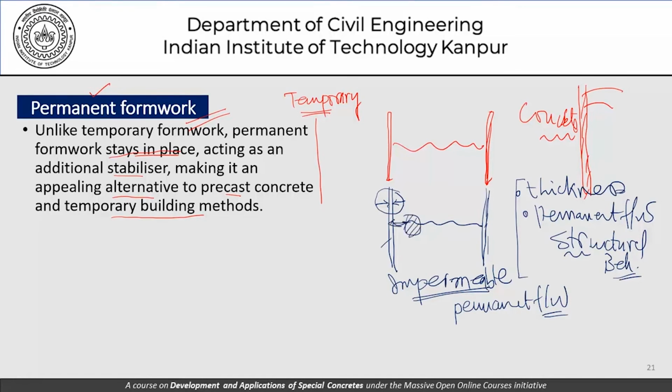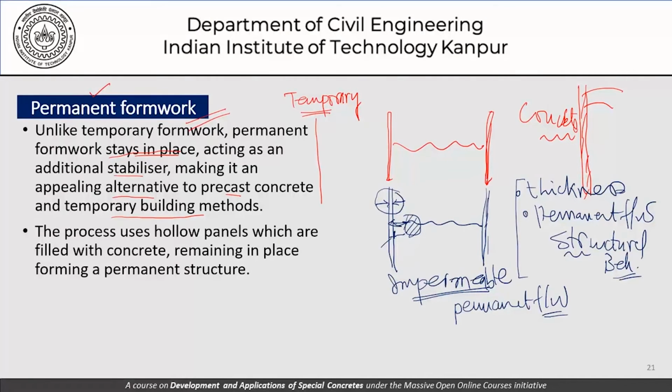So this cover thickness here that we are providing has to be interpreted very differently. So whether the cover thickness is only up to this point or it should include the formwork thickness, those become questions which need to be agreed upon professionally.